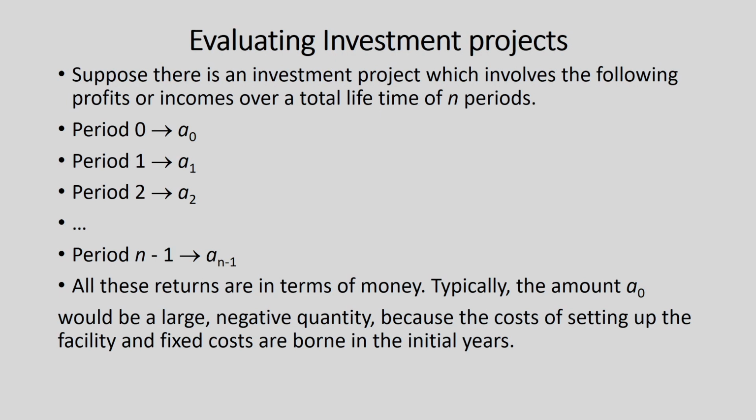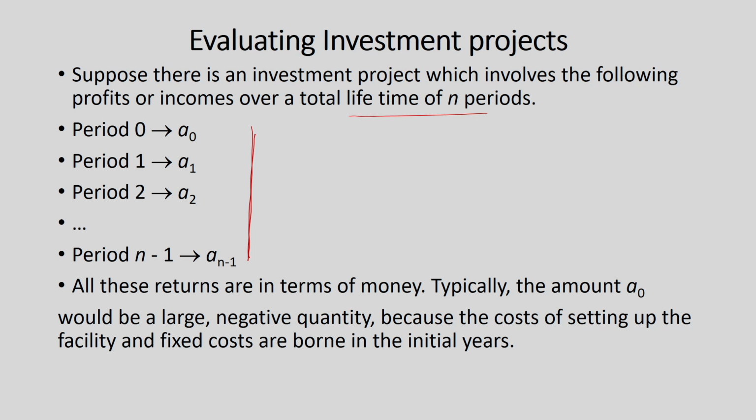Okay, now we come to another application of this same topic, which is series: evaluating future projects. Suppose there is an investment project which involves the following profits or incomes over a total lifetime of n periods. Suppose you are a prospective investor, and if you invest in that project, then over n periods, these are the profits or the income stream.